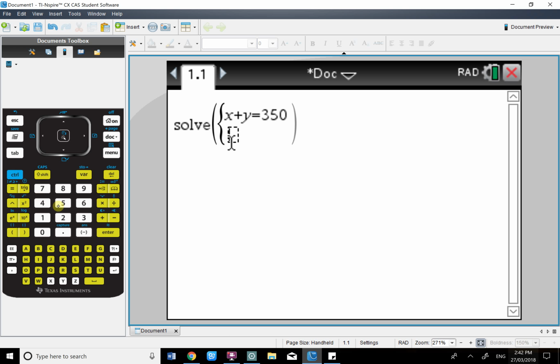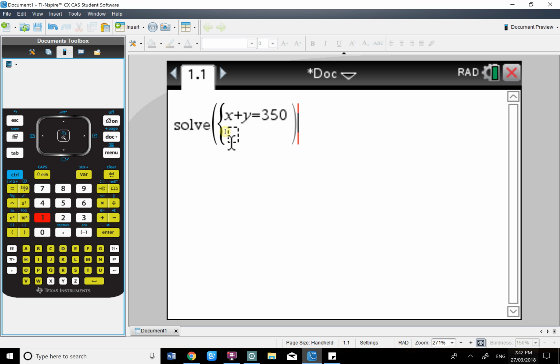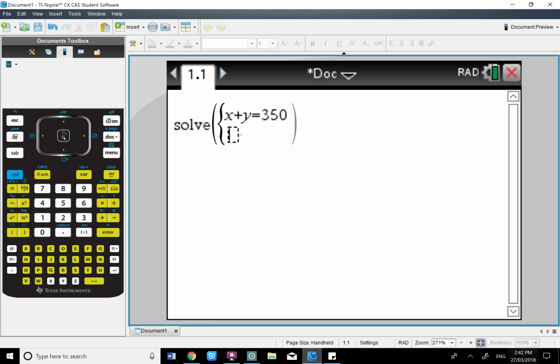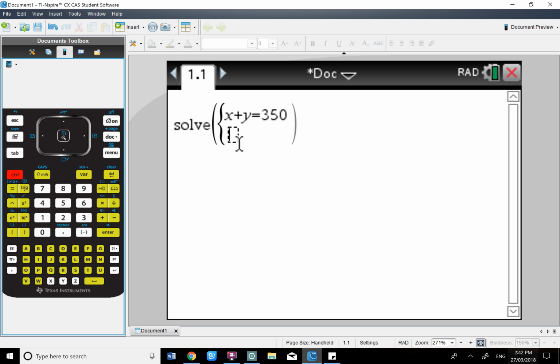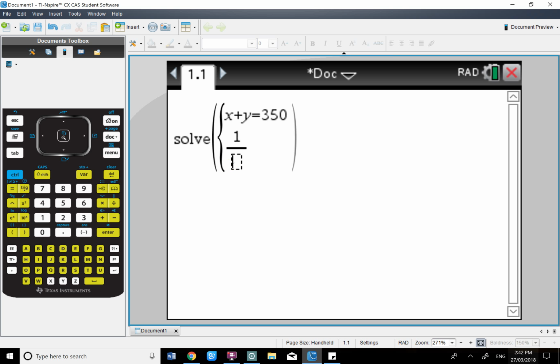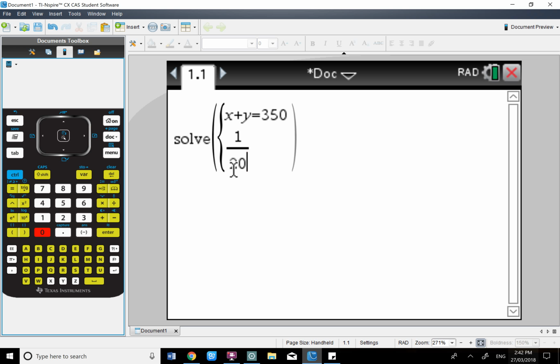The second equation is 1 over 20 times x plus y equals 350 times 0.08, which is the 8%.